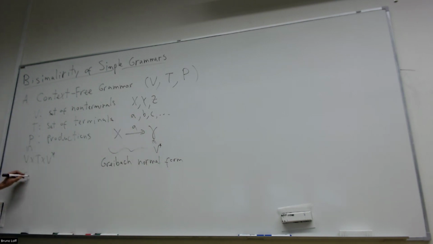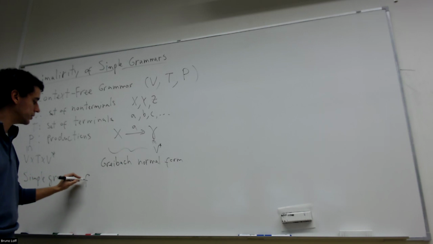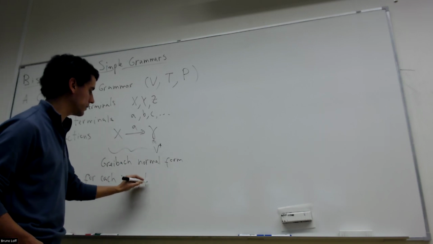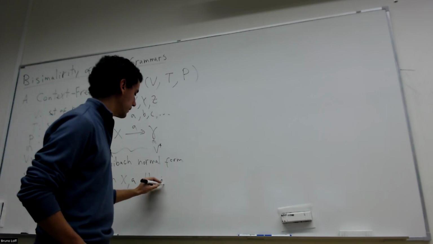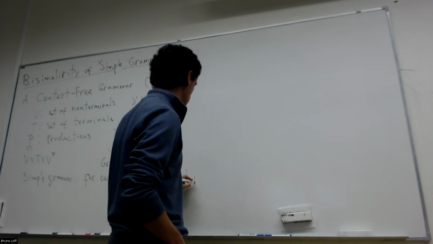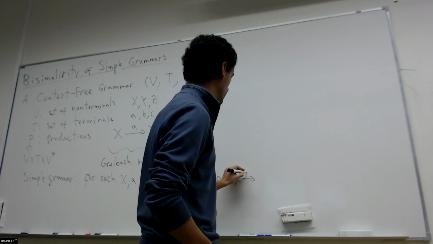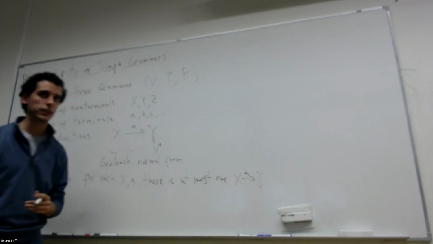So let's say simple grammars means that for each X and A, there is at most one production.